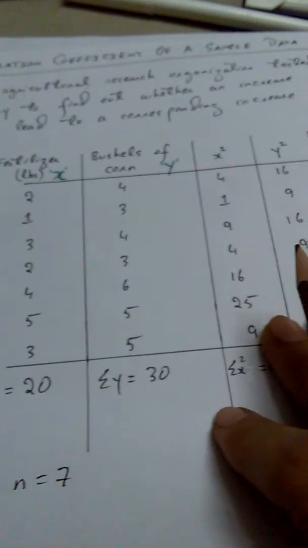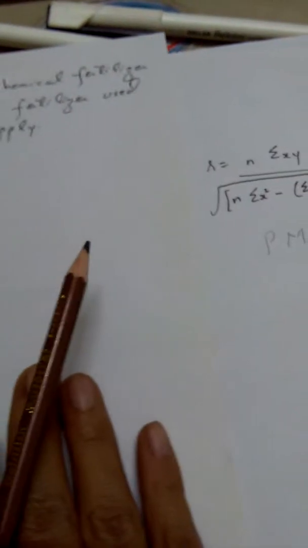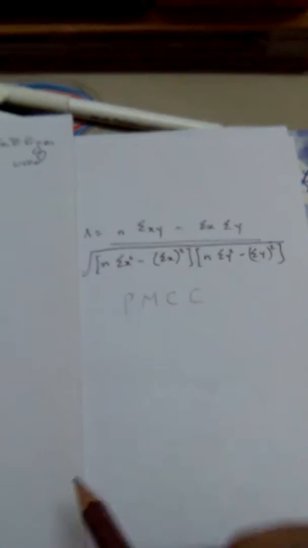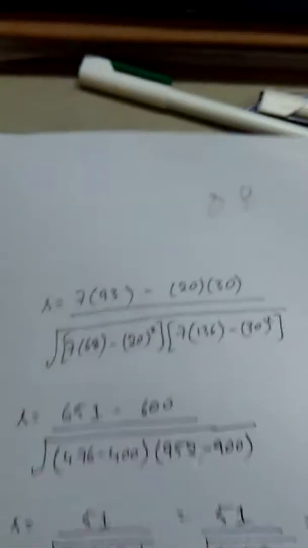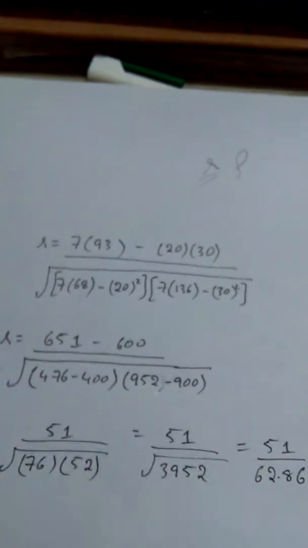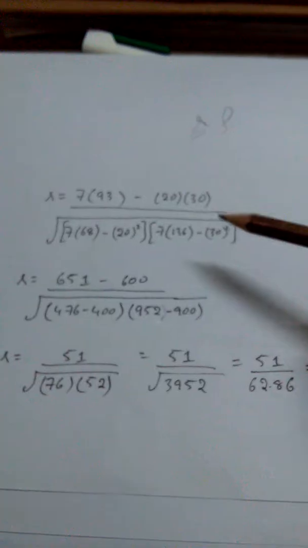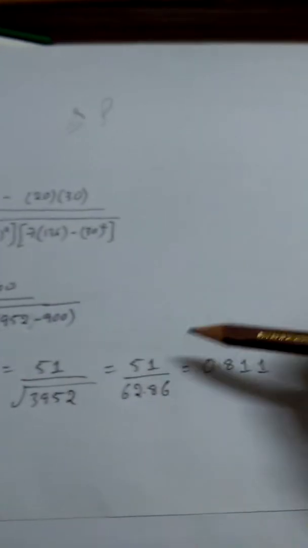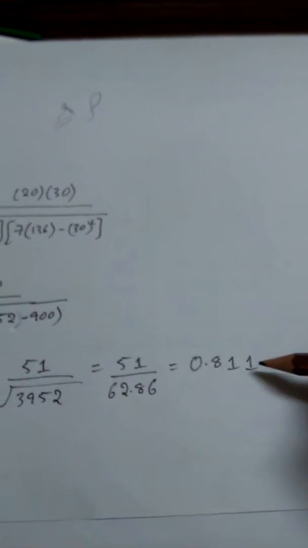It is a small sample, so we have to insert all these answers in this PMCC formula. We have done that, and it comes out to be this. You simply substitute all the corresponding answers and do the basic maths. You find that the value of r is 0.811.